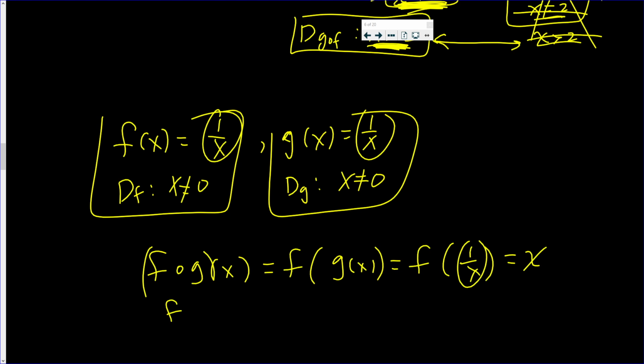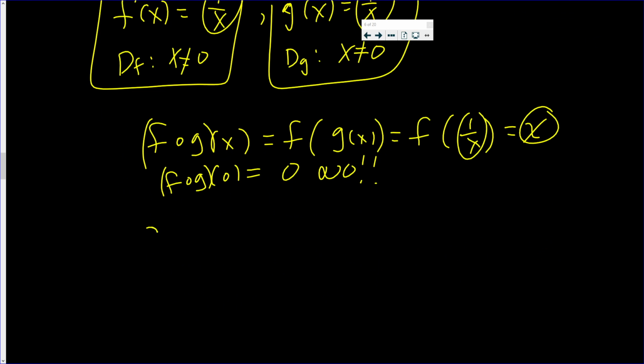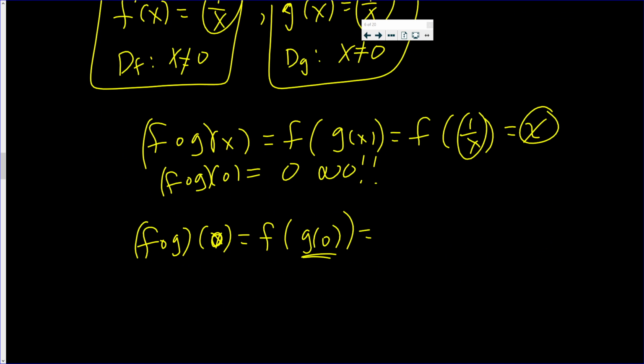Now, you may say, oh, f circle g of 0 is 0. No, it's not true. Why is it not true? Because you can't look at the final answer of 0. You have to look at the intermediate steps. Can you find g of 0? The answer is no. If g of x is 1 over x, you can't find g of 0.